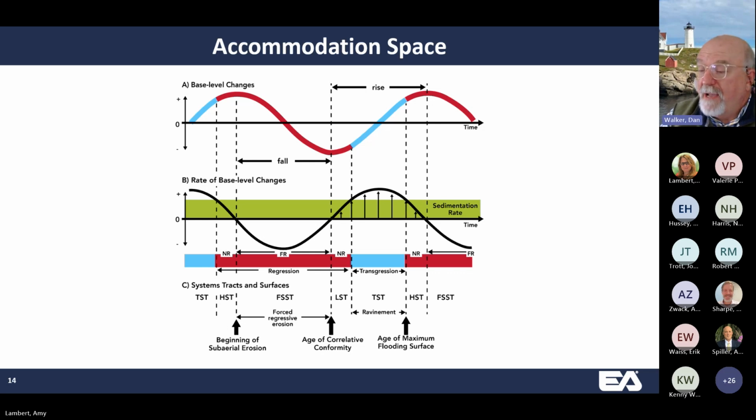You can create accommodation space in glacial settings by an advance of a major glacier. That tends to push material up. It may depress the basin in front of it. It creates a volume that can be filled by coarser material. And because that occurs more or less uniformly in time across your site, it creates a marker that you can correlate from well to well. Next, please.